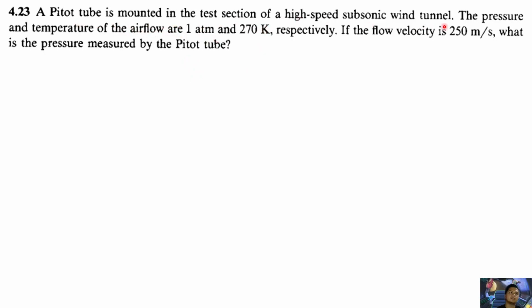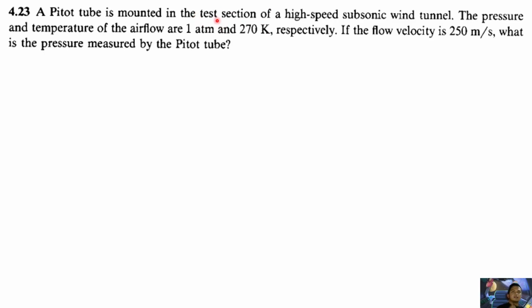Simply analyze the problem. You have the pressure and temperature of the airflow. So, that means those are the static or outside pressure and temperature of the Pitot tube, wherever it is located, it is located in the test section.